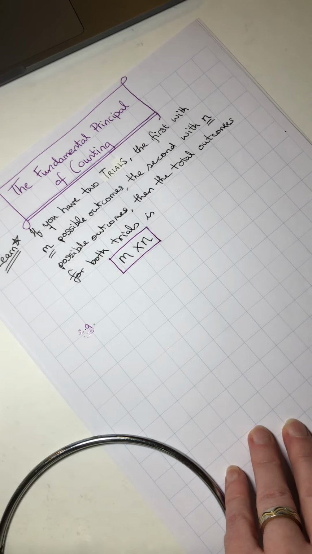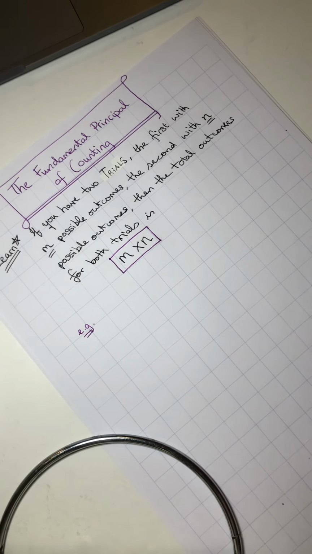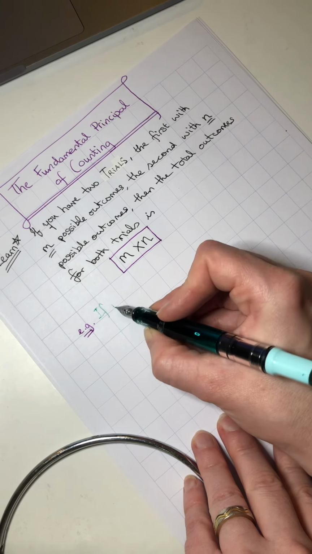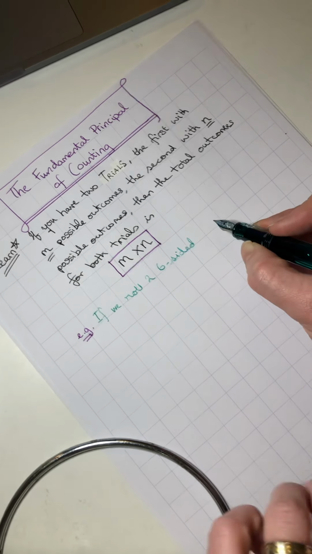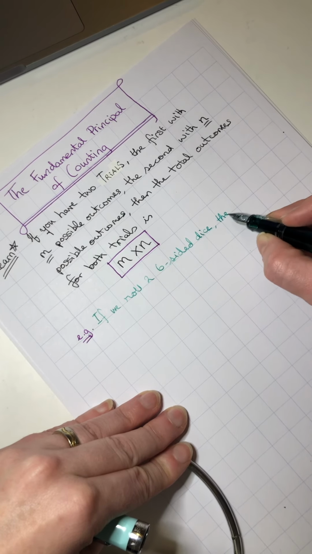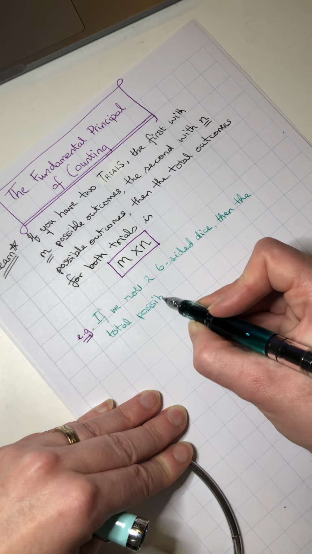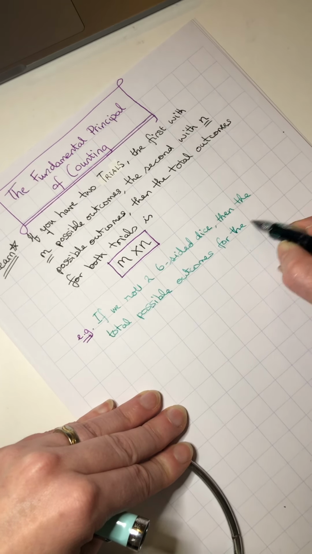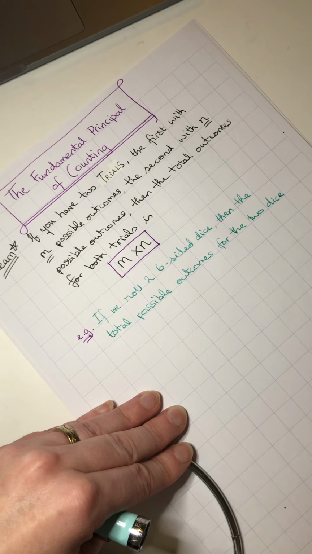So for example, if we roll two dice, two six-sided dice, then the total possible outcomes for the two dice, well, 6 for the first dice, 6 for the second dice.